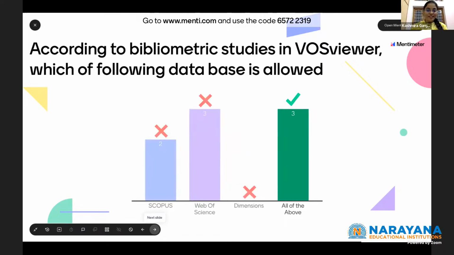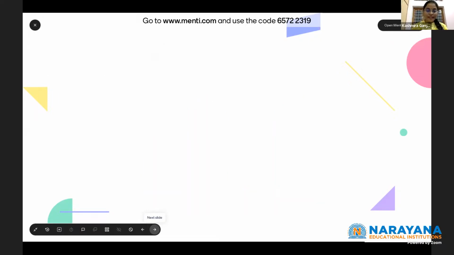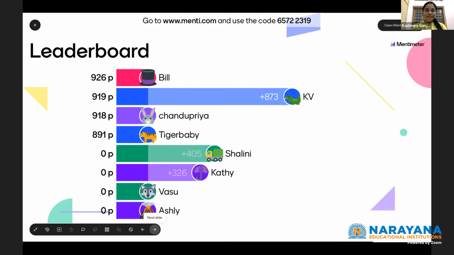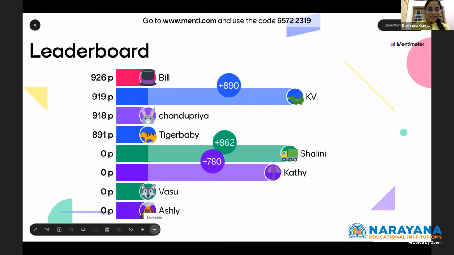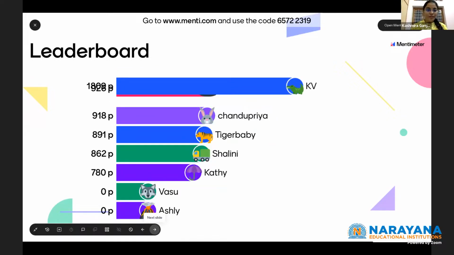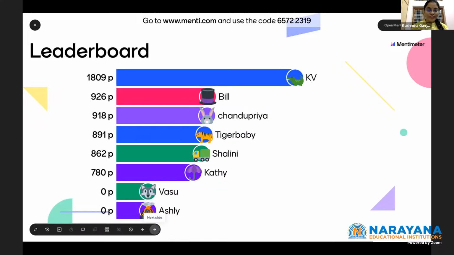The right answer is all of the above. It allows Scopus, Web of Science, and Dimensions also. Only 3 have answered it rightly: KV, Shalini, and Kathy. Now KV is on the top. Now let us see the next question.